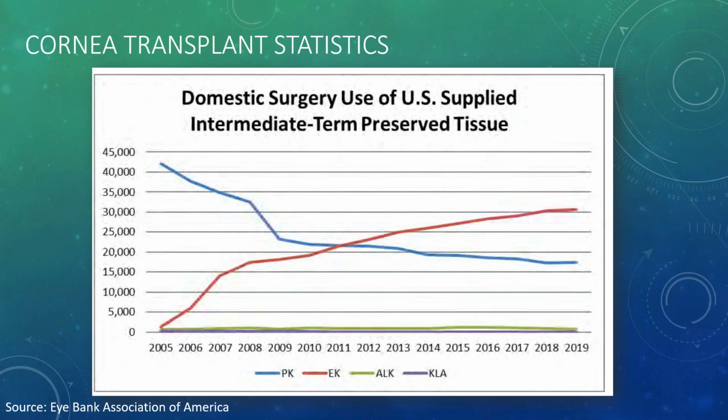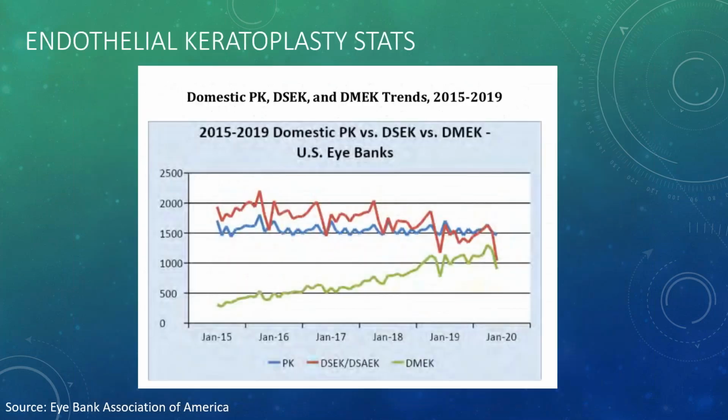So endothelial keratoplasty has really taken off, and it's really lowering the burden of penetrating keratoplasties, which is a great thing for patients, and it's a great thing for surgeons and for the community because, as we all know, PKP patients can have a lot of long-term issues. Sometimes they do great, sometimes they have other issues. So while it's a great procedure, if we can minimize the amount of PKPs we're doing and rescue people with endothelial keratoplasty, it's a great thing.